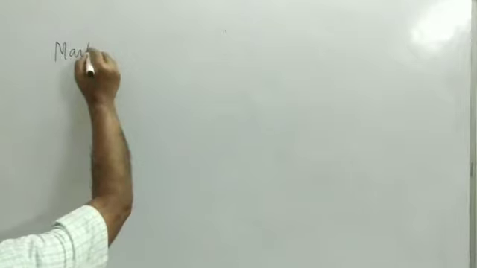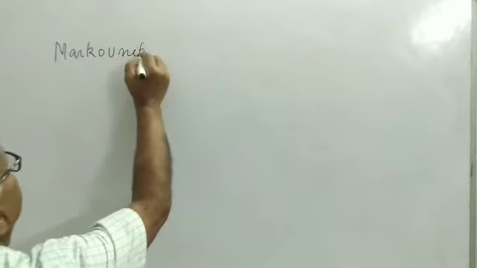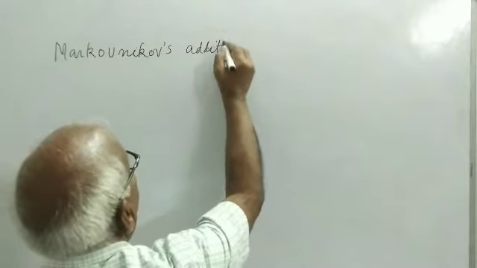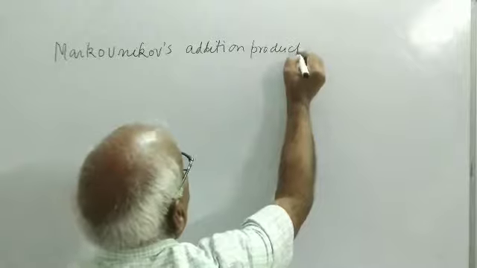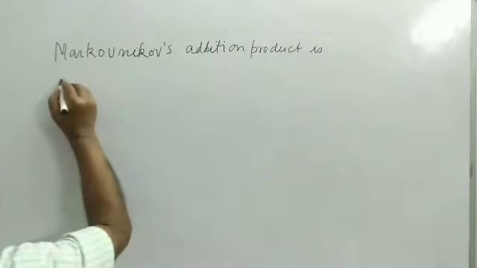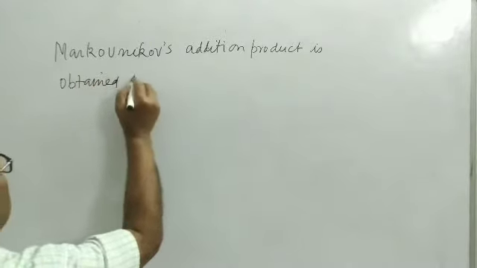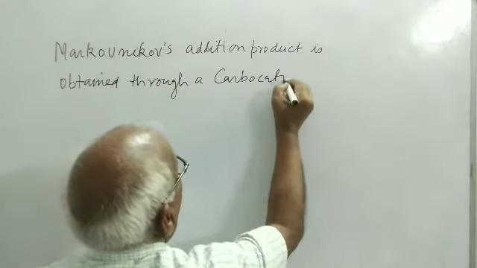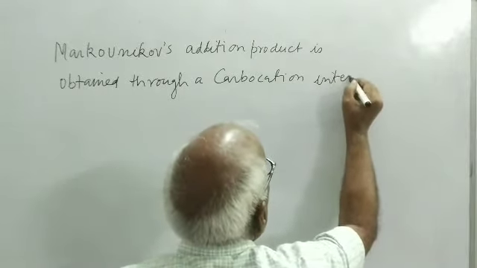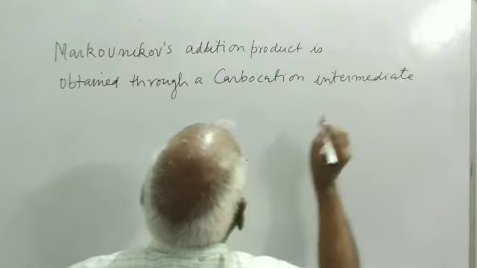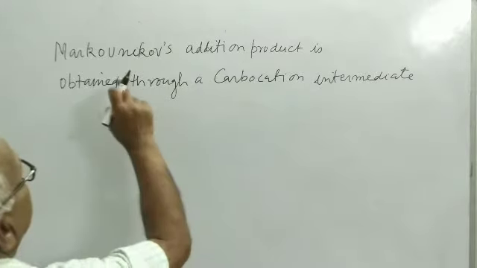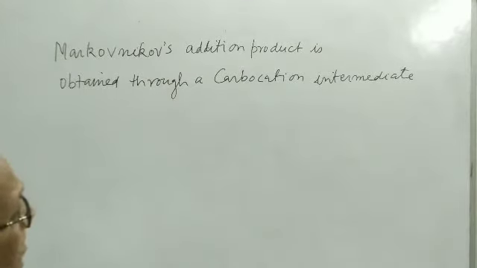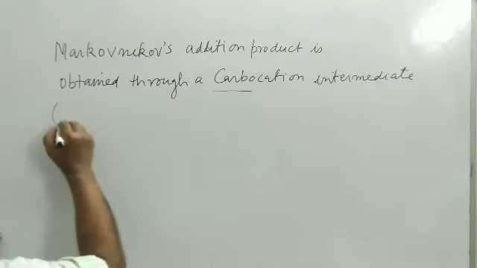Markovnikov's addition product is obtained through a carbocation intermediate. Mechanism is ionic.